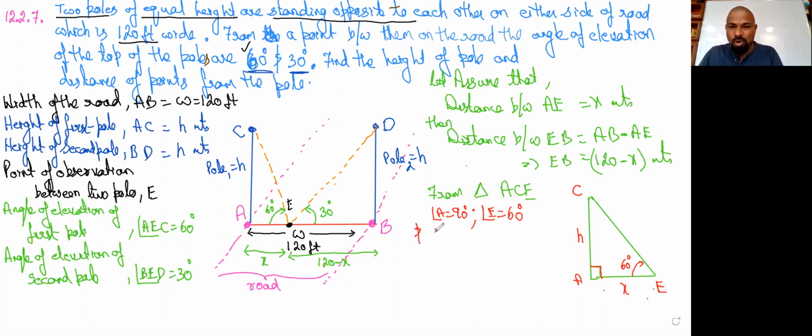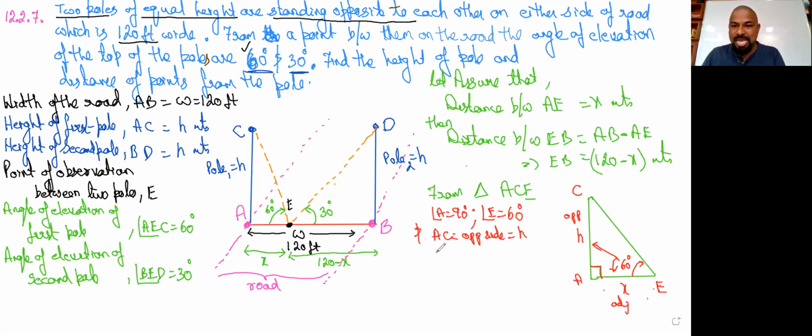AC is the opposite side of 60 degrees, and it is nothing but h meters. And x is nothing but the adjacent side.